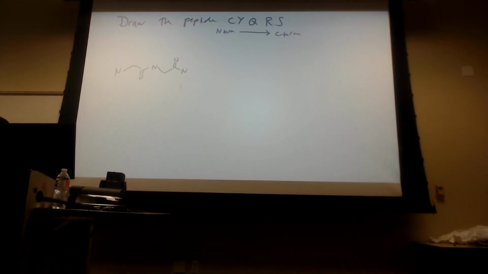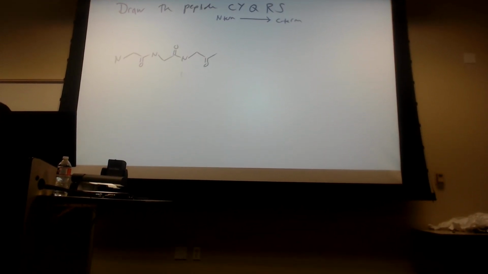Remember, we alternate the alpha carbon going up and down because of that rigid amide peptide bond. I got now 1, 2, 3, 4. We need one more. We always have to be responsible and look at what the pH is.